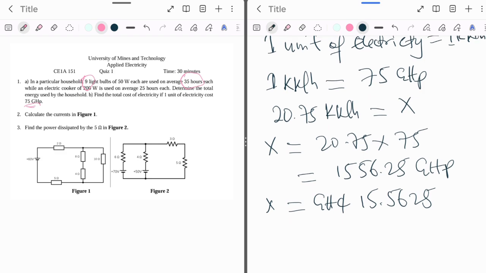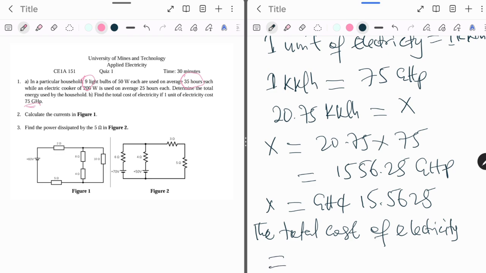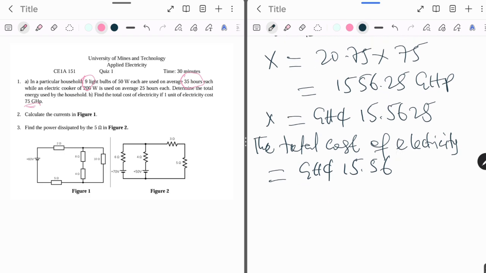So we can write the total cost of electricity for the household as 15.56 Ghana cedis. So that is for question 1.